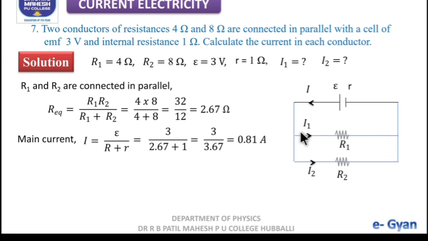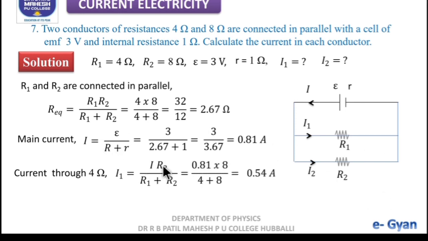Now let us find the current flowing through R1 and R2. Current through the 4 ohm resistor, that means current through R1, is given by I1 is equal to I into R2 divided by R1 plus R2. Putting the values of I, R1 and R2, we get 0.81 into 8 divided by 4 plus 8, which after simplifying is 0.54 ampere. Current flowing through the 4 ohm resistor is 0.54 ampere.